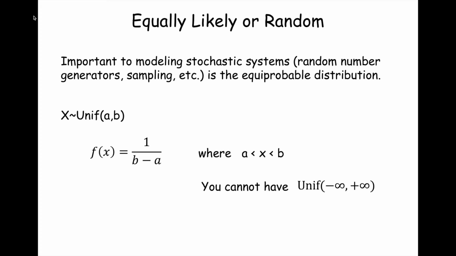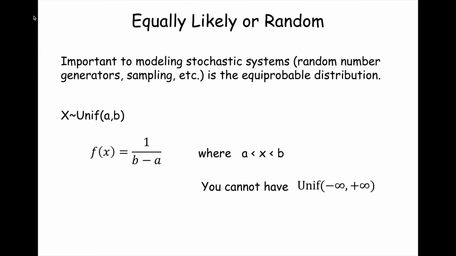If you were to draw what this distribution looks like, you have along the horizontal axis all your values of x, and two parameters, a and b, that describe the uniform distribution. Along the vertical axis is our probability density. Recall, it's a density if we're talking about real valued quantities.